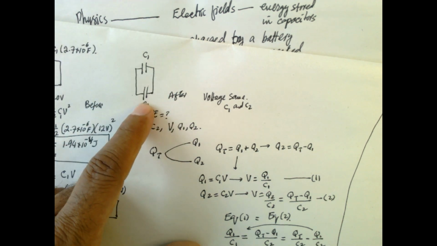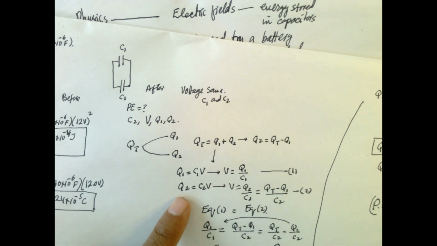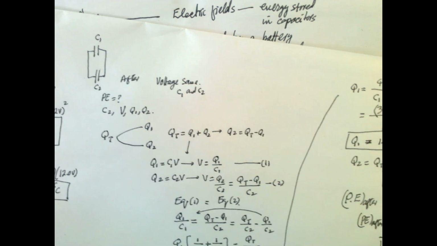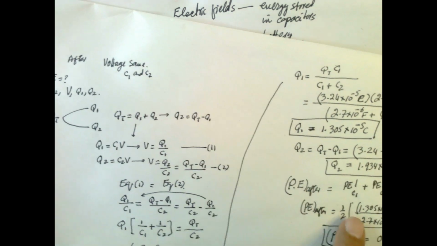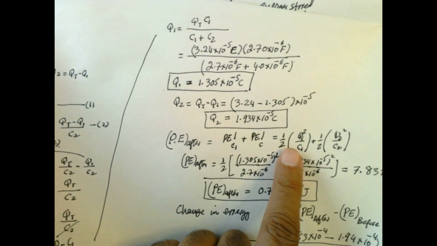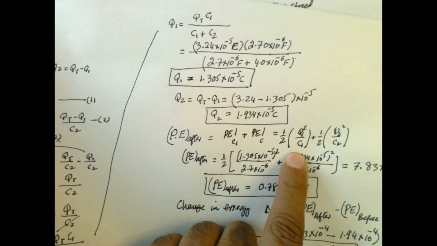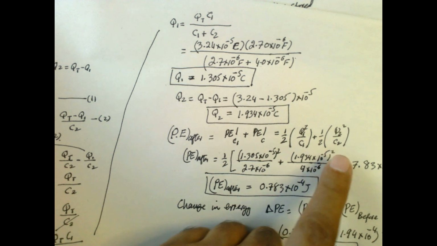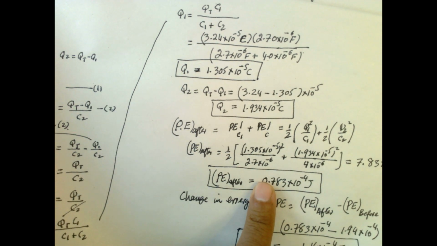Total charge is conserved, and voltage is the same from the condition Q1 plus Q2 is equal to Q total. We will express Q1 and then Q2, then use the formula for energy, half Q1 square over C1, similarly for the second capacitor, and then find the value afterward and then the difference.